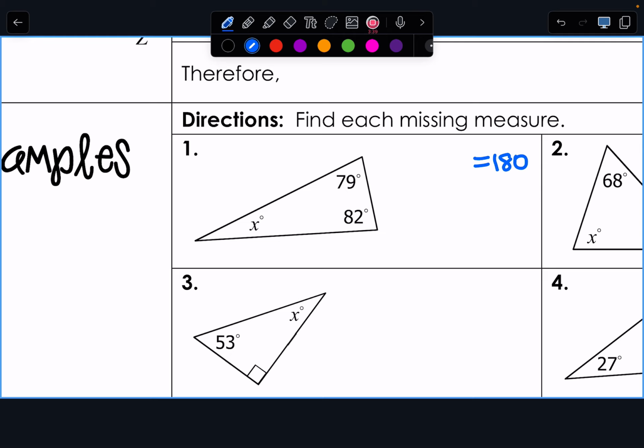In number 1, in this picture, what equals 180? Ellie, what would we write? 79 plus 82 plus x equals 180.